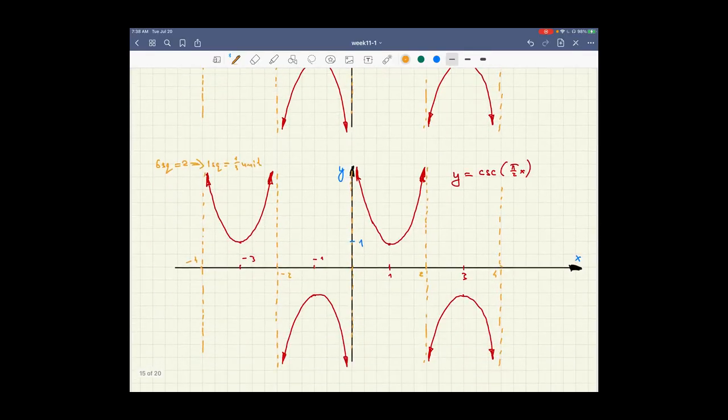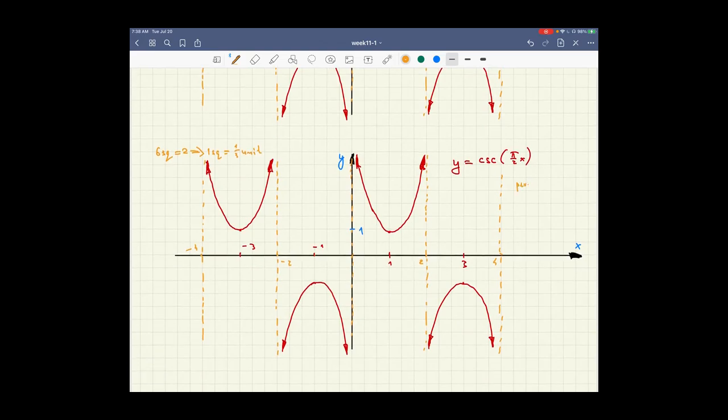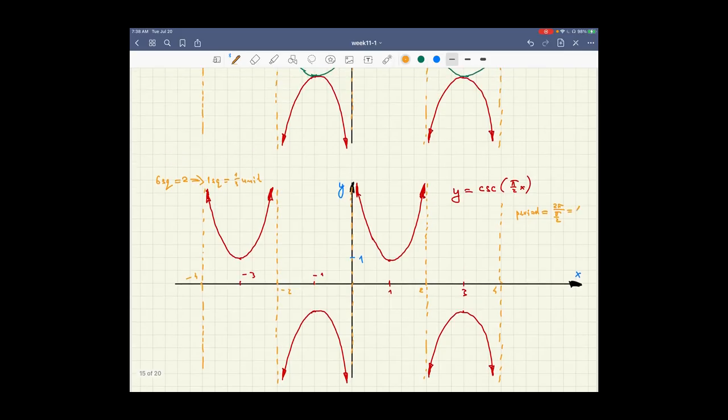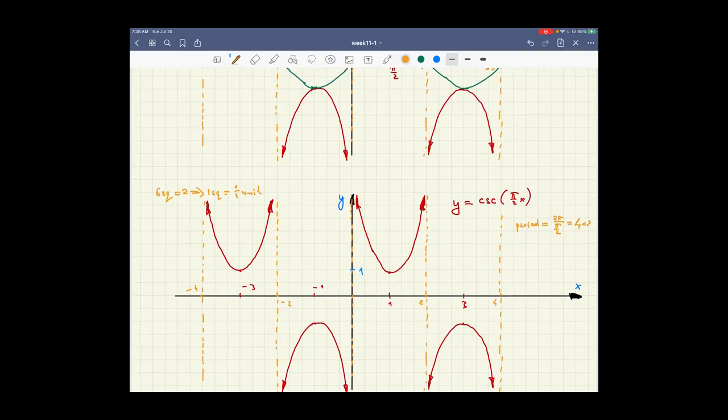When we apply the transformation, the period will be the whole period 2 pi divided by the factor in front of x, pi over 2. So the period will be 4, which is, of course, less than 2 pi. So our function will be faster.